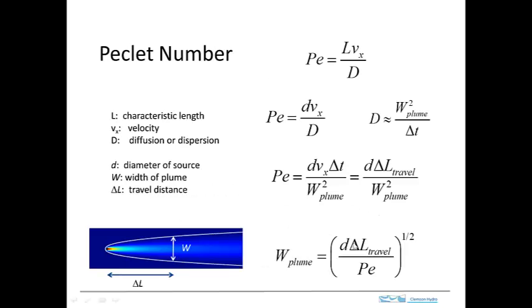So let's go ahead and take a look at how it could be applied to a plume. So here's the Peclet number, and for this problem we have a small source, see that little circle right down there? That's a source of contaminants, and we just have one-dimensional flow. This is the same problem that we saw earlier.